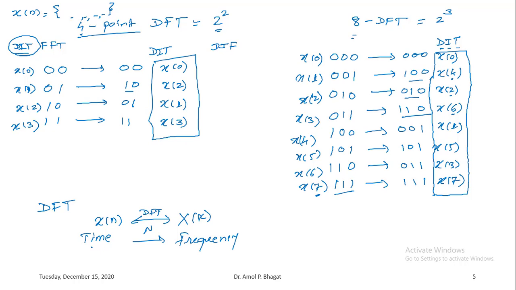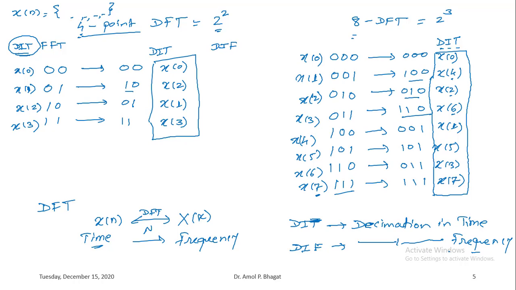When you are calling it decimation in time, the input will be shuffled, that is in the time domain. We are providing decimation in time. When you are providing decimation in frequency, as I specified in the previous slide, DIT is decimation in time, and DIF is decimation in frequency.